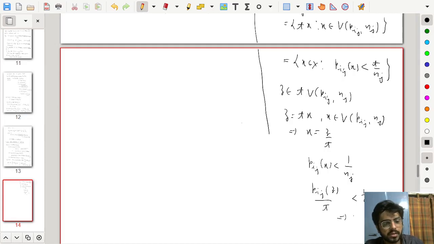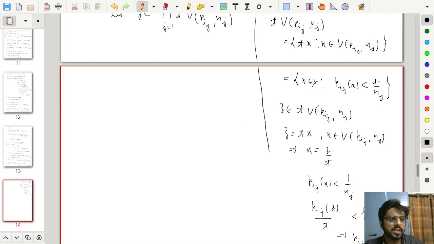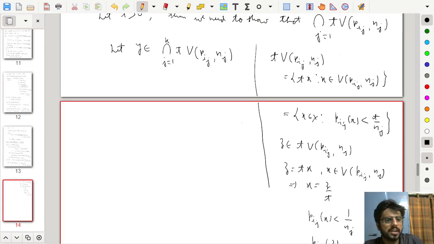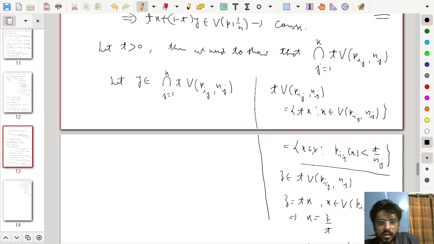This implies p_{i_j}(z) is strictly less than t/n_j. Using a similar argument, you can show the reverse containment. So it's quite easy to see that t times V_{p_{i_j}, n_j} is this set. I hope you will be able to do that.